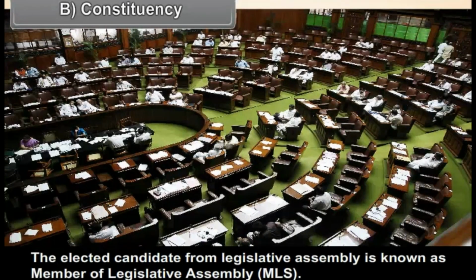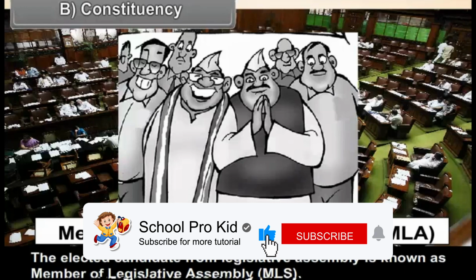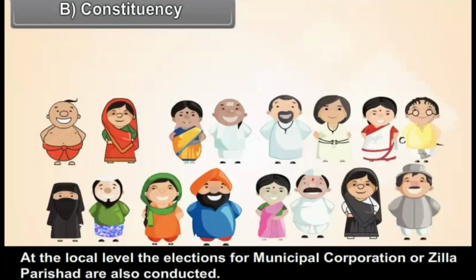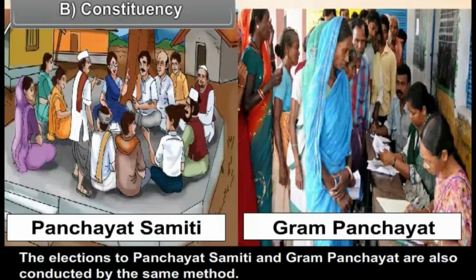The elected candidate from a legislative assembly is known as Member of Legislative Assembly, MLA. At the local level, the elections for Municipal Corporation or Zilla Parishad are also conducted. The elections to Panchayat Samiti and Gram Panchayat are also conducted by the same method.